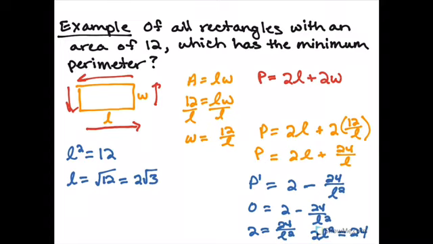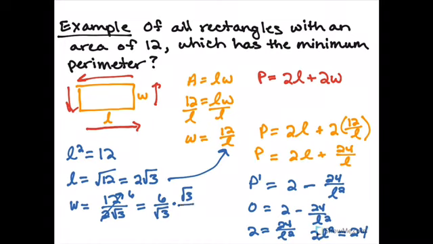I need my width. I need to plug this in here to get my width. So W equals 12 divided by 2 root 3. Well, 12 over 2 is going to go to 6. I have 6 over root 3. And if we rationalize that, we're going to get 6 root 3 over 3.